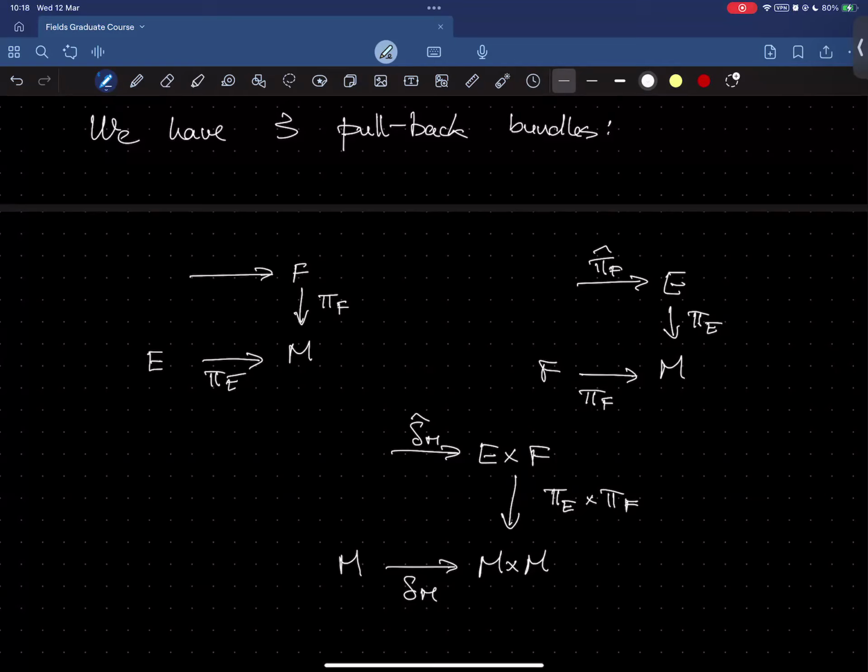Up here goes pi E hat. And then here I have pi F. Let's see, no, pi E star F. Okay, and then pi E star pi F. And then here I have pi F star E. Okay, and then pi F star E. All right.